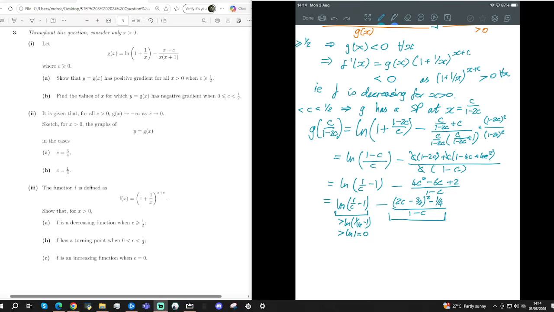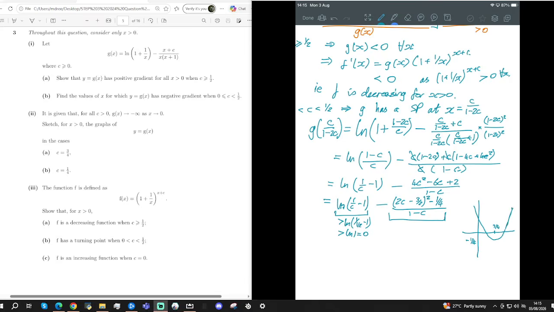So let's think about this quadratic. I'm ignoring the minus sign in front, so it's a positive quadratic. The denominator is just positive, so I don't need to worry about that. It's a positive quadratic. It has a minimum point at negative a quarter, and it obtains that when c is 3/4.